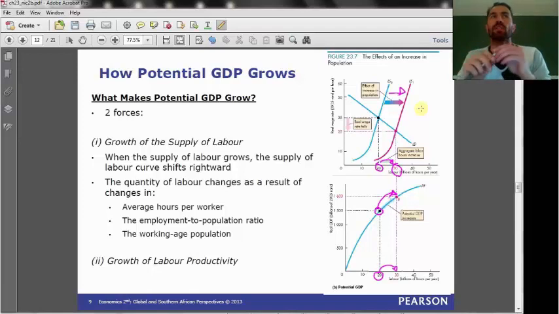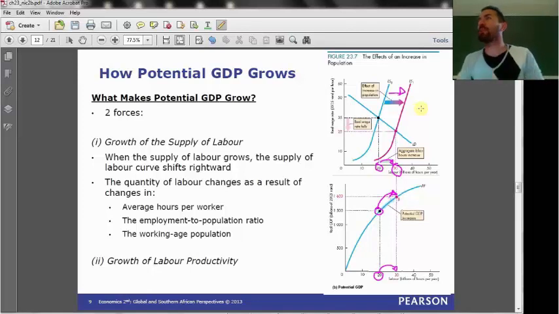Any questions at this point? Are you all happy with the notion that labor is an input into the production function? The quantity of labor that will be inputted into the production function is determined by the labor market. The labor market itself is a function of both labor supply and labor demand.